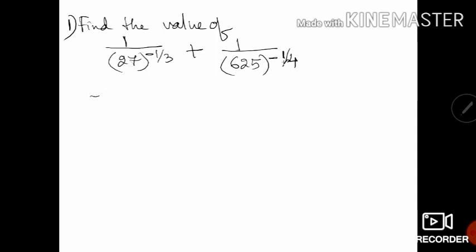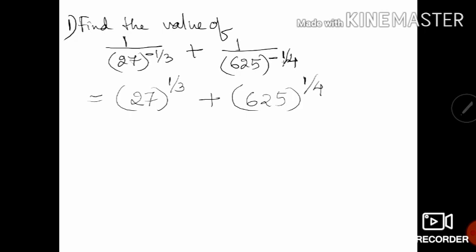So this expression will become 27 to the power 1 on 3 plus 625 to the power 1 on 4. Remember, we take the reciprocal of the base to change the sign of the power.